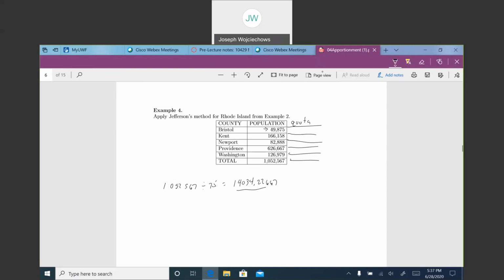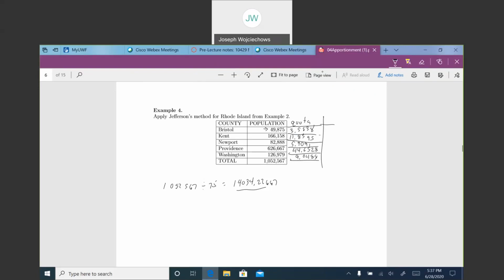And we get 3.5538, 11.8395, 5.9091, 44.6528, and 9.0488.